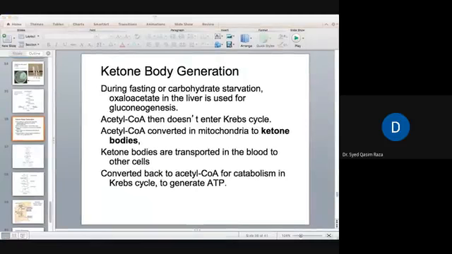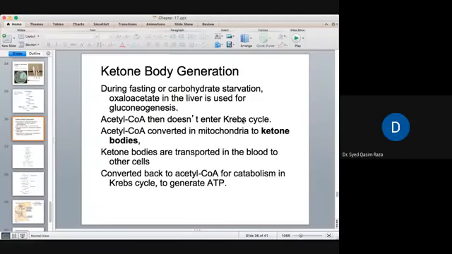And then after that, what we know is that acetyl CoA does not enter the Krebs cycle. So during fasting, acetyl CoA will not enter into the Krebs cycle because your body doesn't like to do work, so you want to rest during your fasting or starvation situations. That's why energy is not required for those purposes, but your brain needs energy for thinking and other activities.